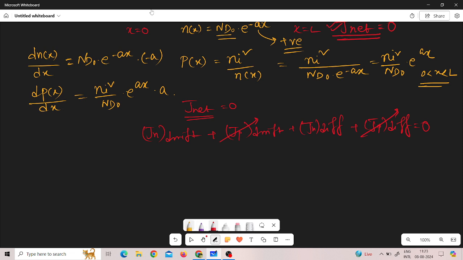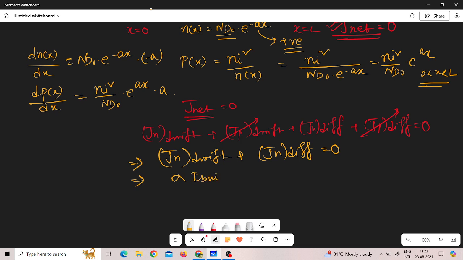Okay, so we can write the next part of the equation: Jn drift plus Jn diffusion is equal to 0. We know the drift current density is sigma E, right? So here sigma E means E built-in, because of the built-in electric field the drift current is flowing.